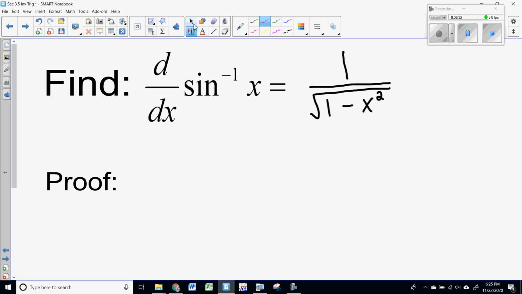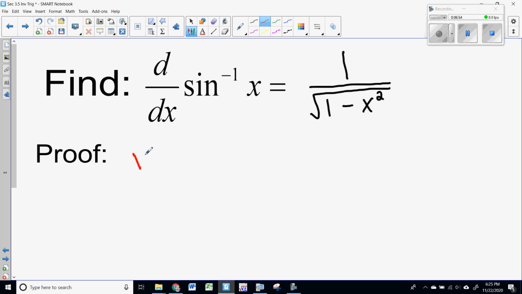Just look at that for a second. We're taking the derivative of a trig function, and we get something that looks like it has nothing to do with the trig function. It's 1 over the square root of 1 minus x squared. Now, let me see if I can prove to you what that is.